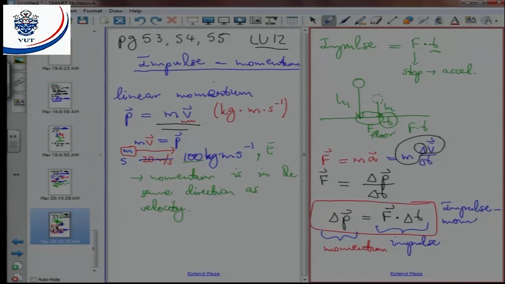It tells us that the change in momentum is due to the applied force times the time at which the object is in contact with the surface in that case, or with the force. Okay, so that's the impulse momentum theorem. So if I can just show you the summary.